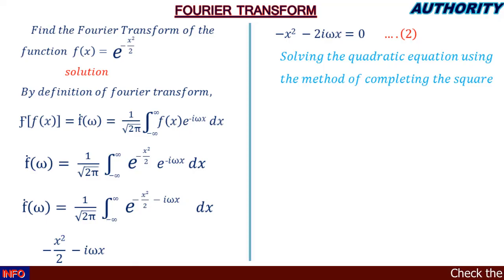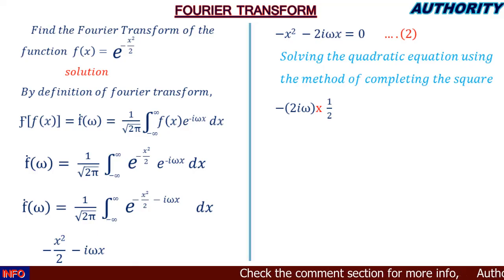Employing the method of completing the square, what does this method say? First of all, let's take a look at the coefficient of x. The coefficient of x is minus 2i omega. Now, take the half of it. For us to take the half of it, that means we multiply it by half.